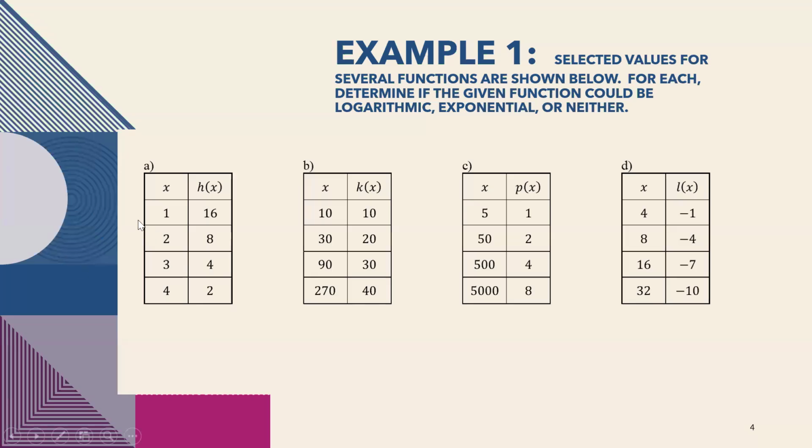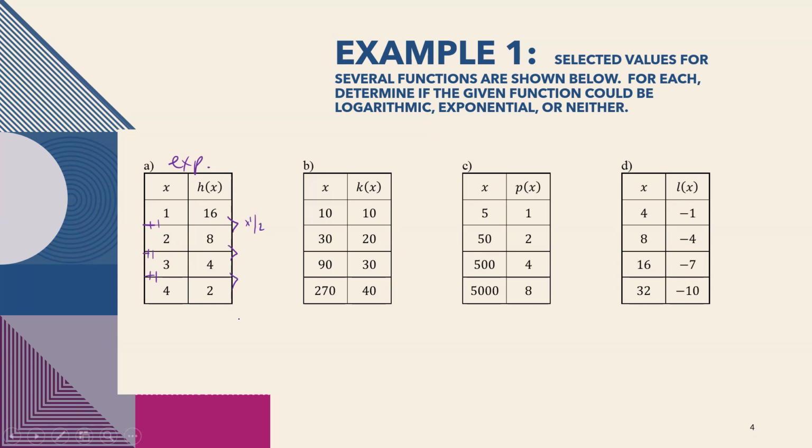All right, so h of x, we said is exponential. Why is it exponential? The x's are equally spaced, and your multiplication change takes place on the y, right? We're multiplying by a half, correct?